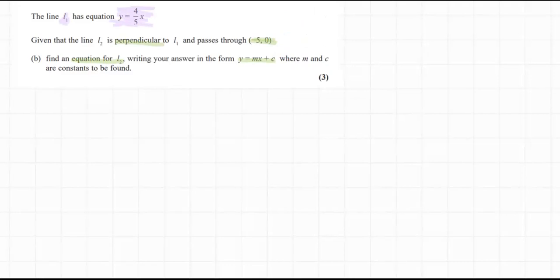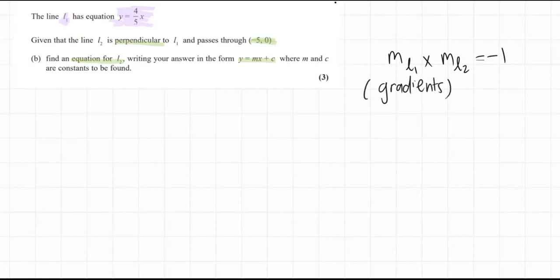So if L1 and L2 are perpendicular to each other, that means m of L1 times m of L2 is going to be equal to minus 1. That is the gradients.